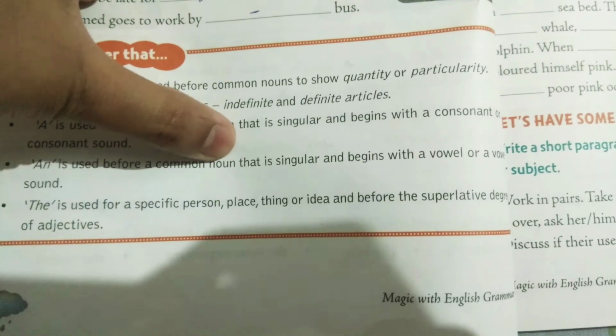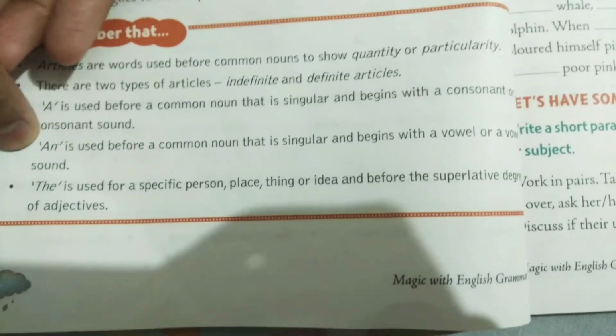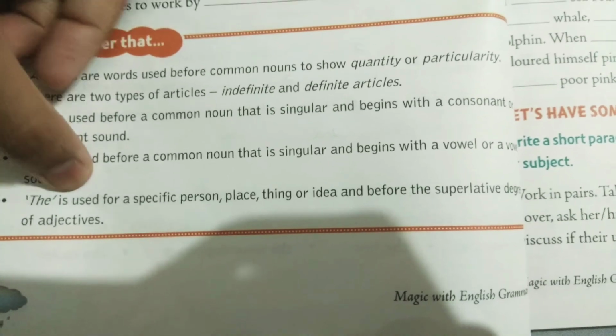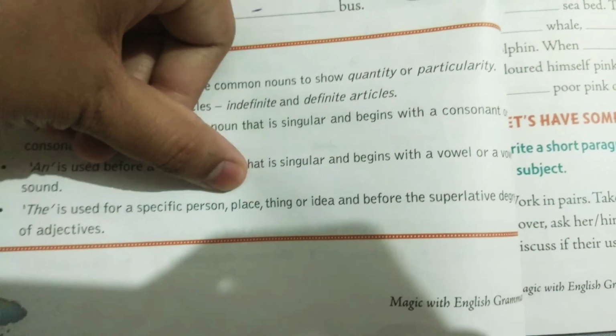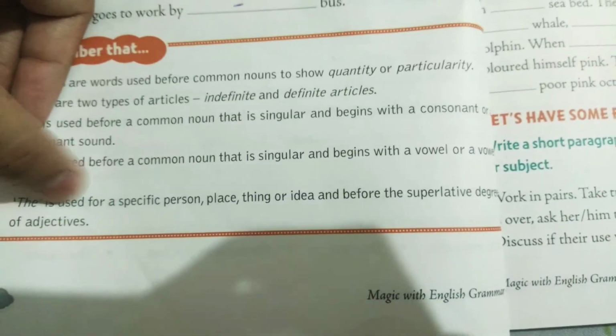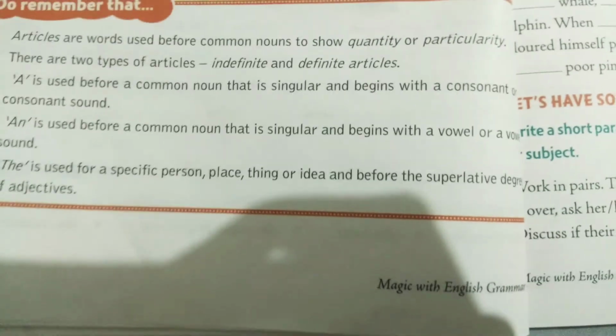An is used before a common noun that is singular and begins with a vowel or vowel sound. This all we know, right? And the is used for a specific person, place, thing or idea, or before the superlative degree of adjective. Okay, this already we have studied in the chapter.